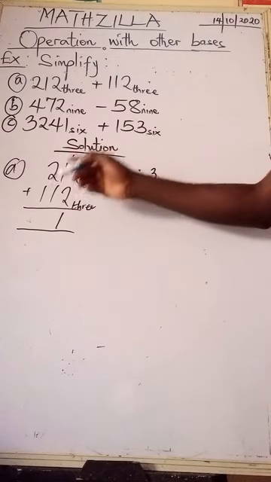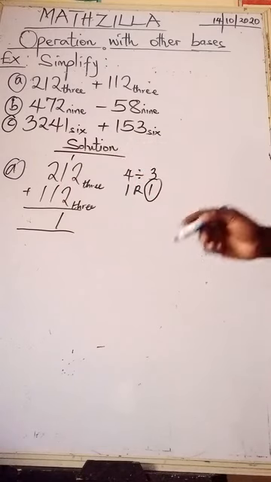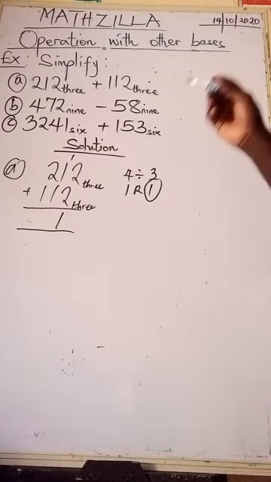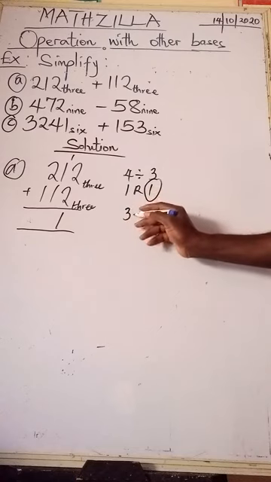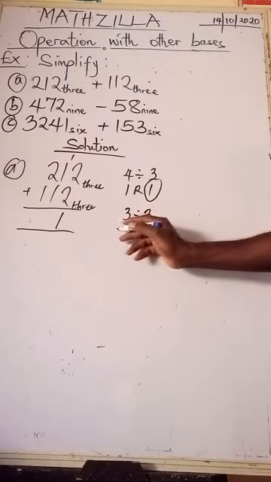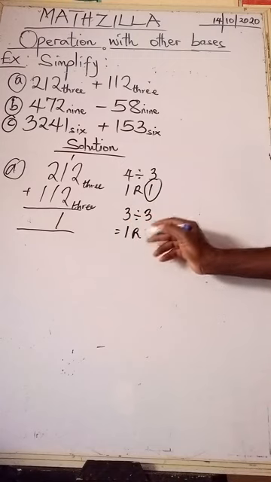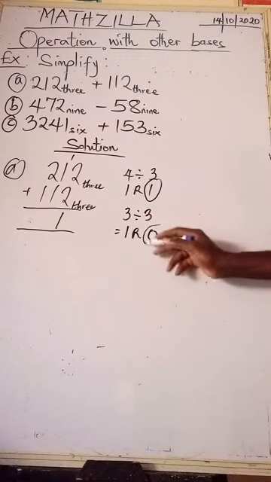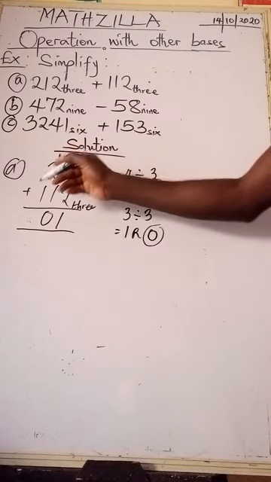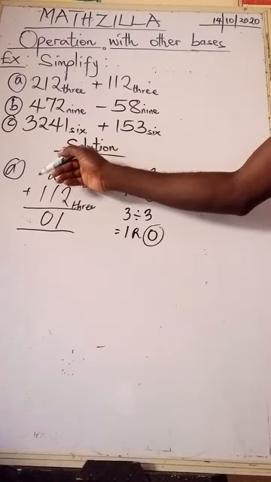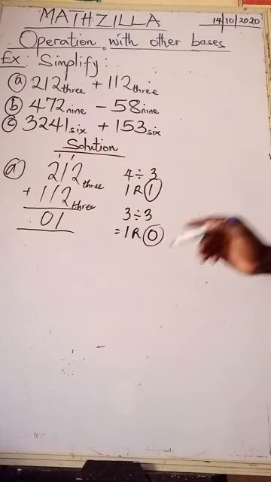1 plus 1 plus 1 is 3. We can't write the 3 here because the highest digit in base 3 should be 2. So you divide it again by the number base. 3 divided by 3 is 1 remainder 0. So we write down this 0 and then carry this 1 here. 1 plus 2 plus 1 gives 4 again.